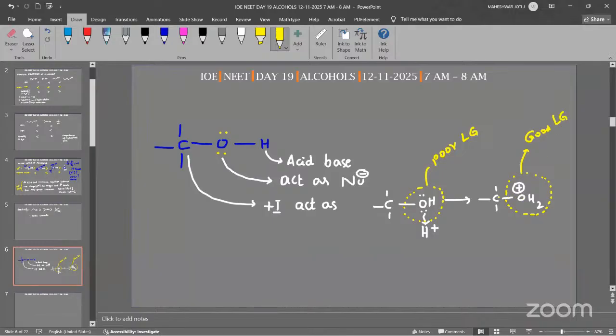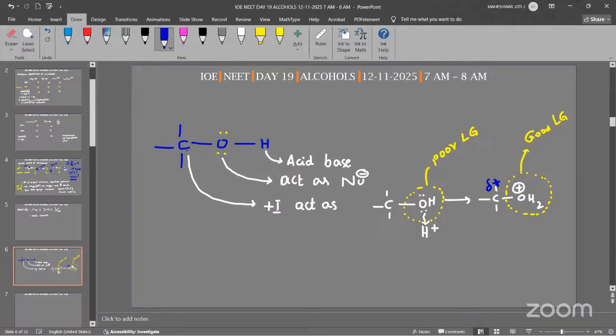So this carbon gets partial positive charge. The alcoholic carbon gets partial positive charge. The magnitude of partial positive charge will be more because of the good leaving nature of OH2 plus. When there is more positive charge, it can accept the electron density easily, right?